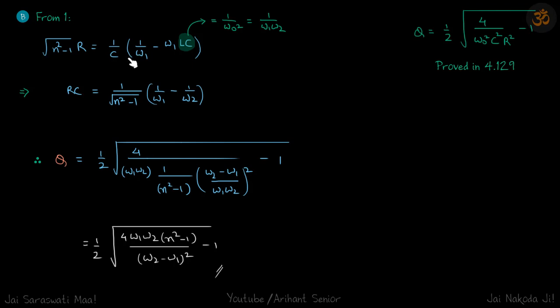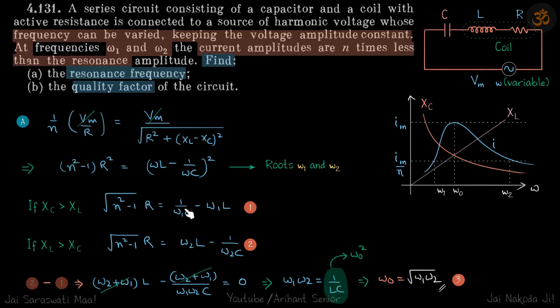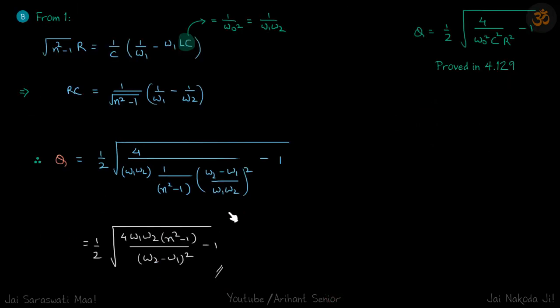If you take C out, you will get 1 by omega 1 minus omega 1 into LC. Why are we doing that? Because we know what LC is. We just saw that LC is 1 by omega naught square, and omega naught square is omega 1 omega 2. So we do that and what we get is RC is equal to 1 by n square root of n square minus 1, into (1 by omega 1 minus 1 by omega 2).